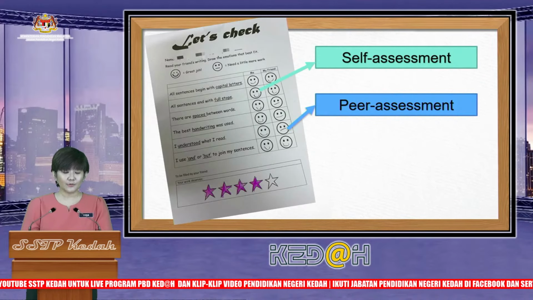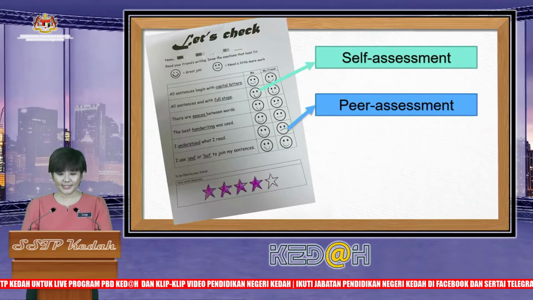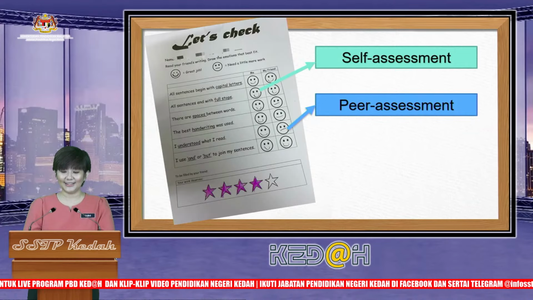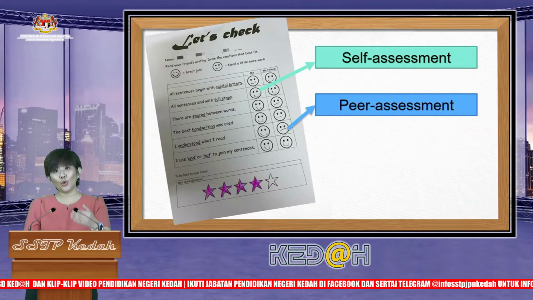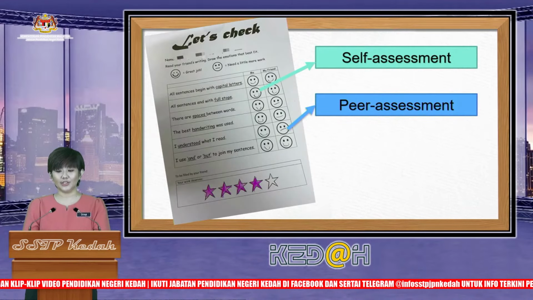So, to those who finish their work earlier than others, I would give out this checklist so they could self-assess their work by going through each item in the checklist.